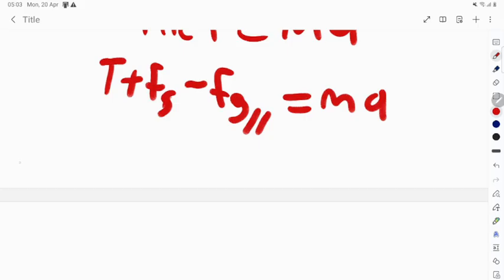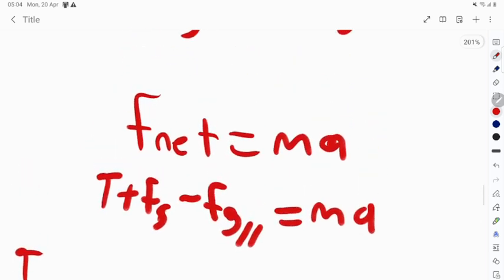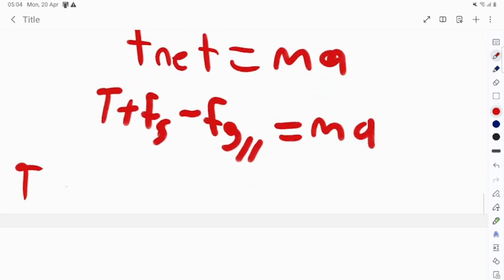So then it will be tension plus F of static, and let's also resolve the FG. So FG parallel, that is friction. So that means this will be what?